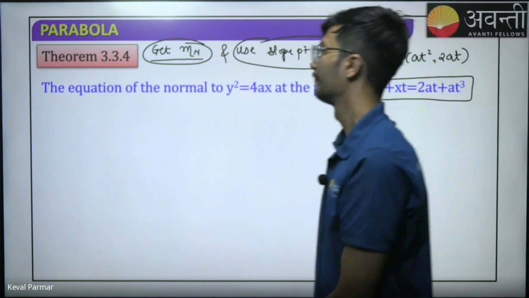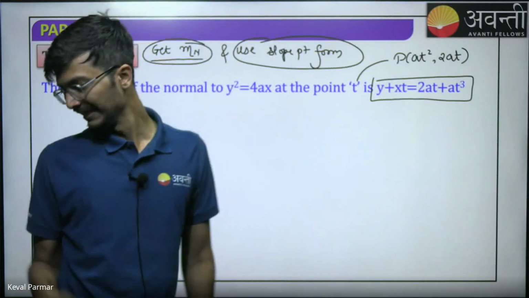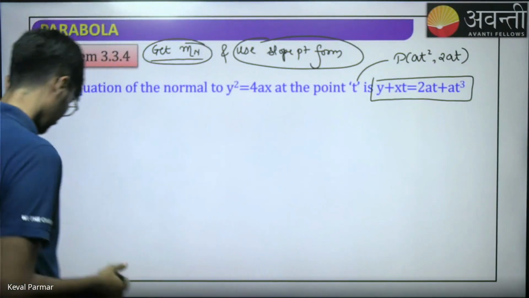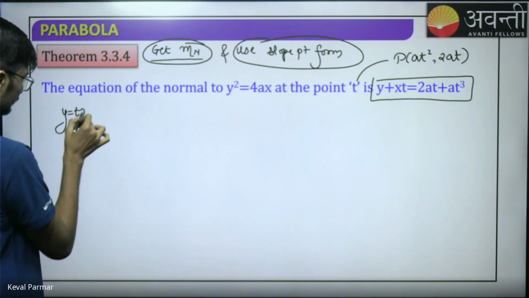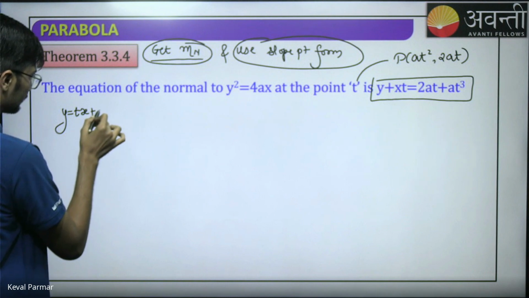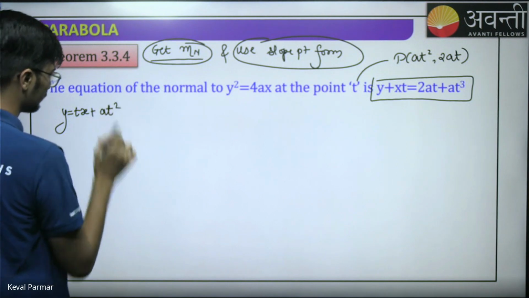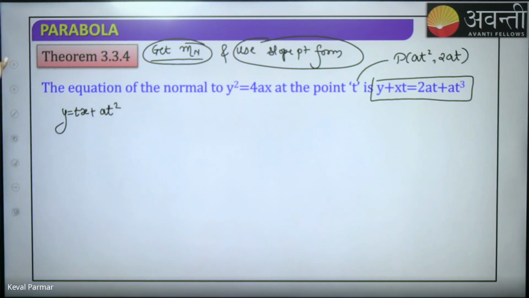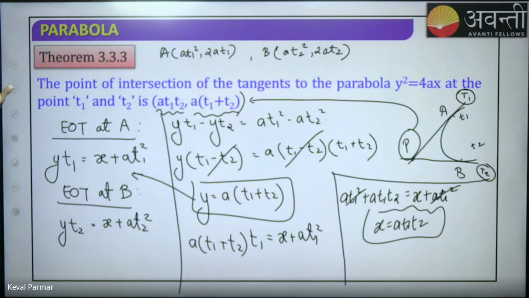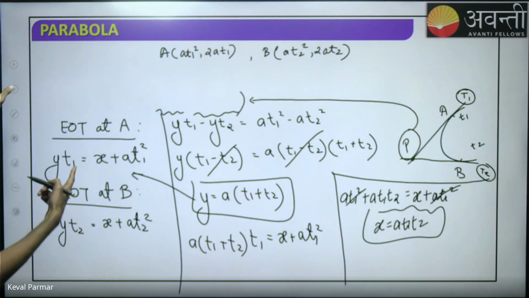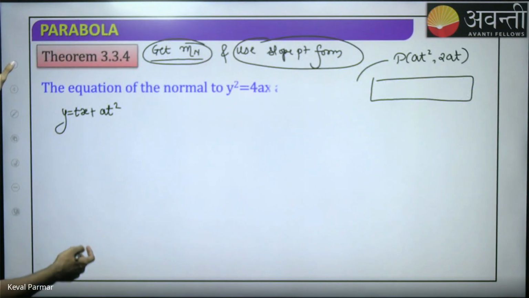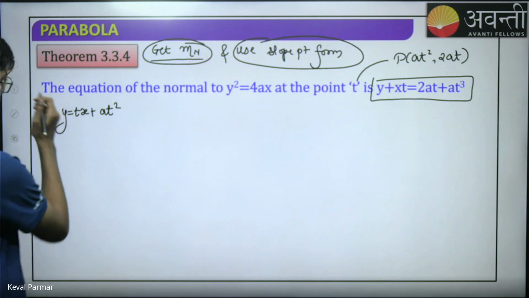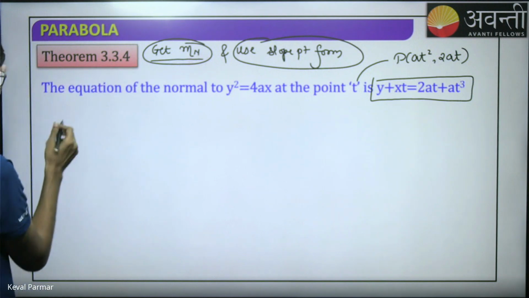So the equation of normal, right? We have the equation of tangent. What was the equation of tangent? The equation of tangent: y t1 equals x plus at square.